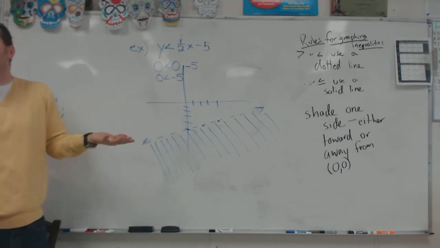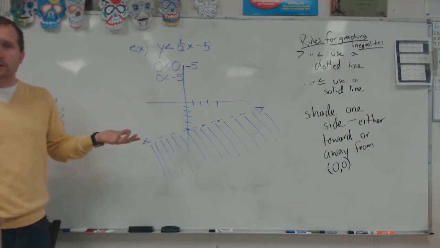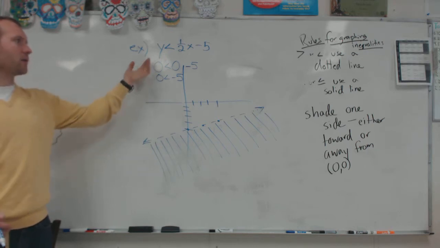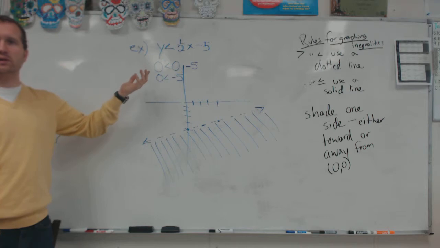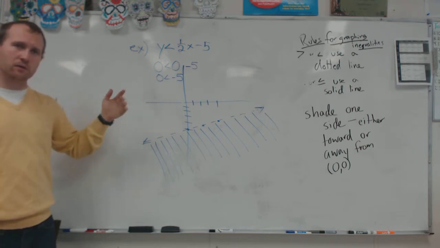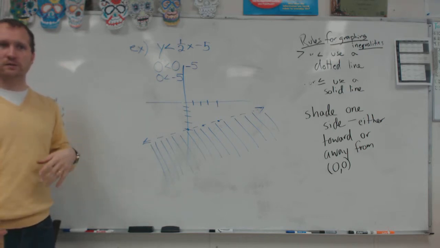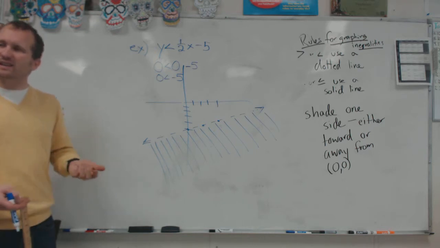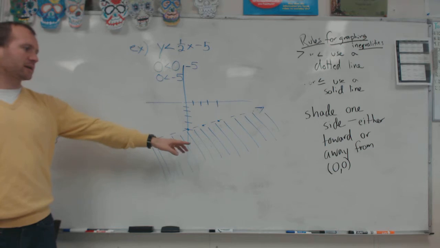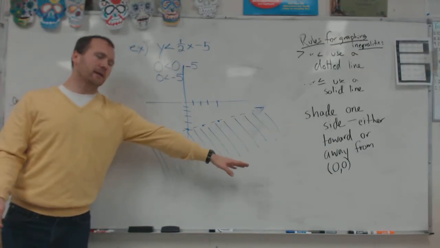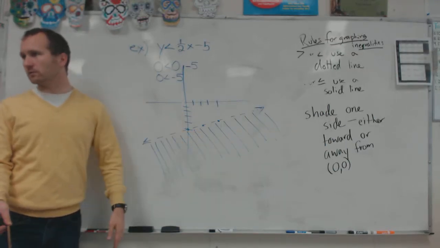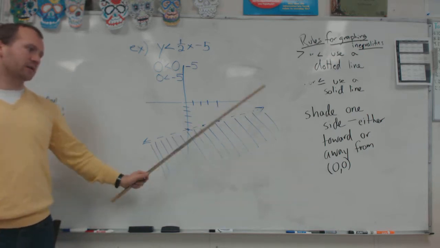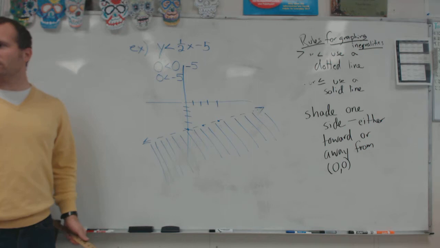It's just the easy, I mean, you could plug in whatever you wanted. It's just really easy to plug in zeros, right? Because 0 is just a really easy number to use. 0 times something is 0, and 0 minus something is just negative something. You could have plugged in like 100 and negative 1,000 if you wanted to, and then figured out if you shade towards that or away from that, but it's just really hard.